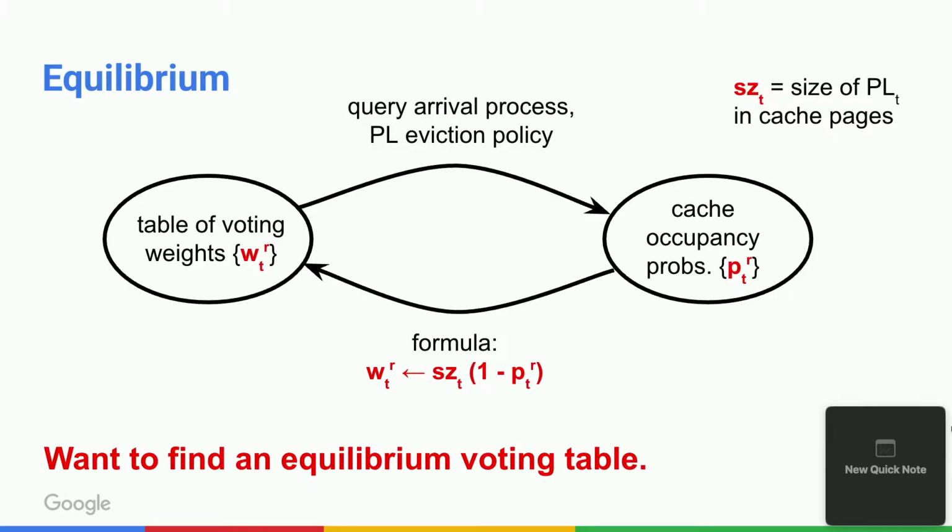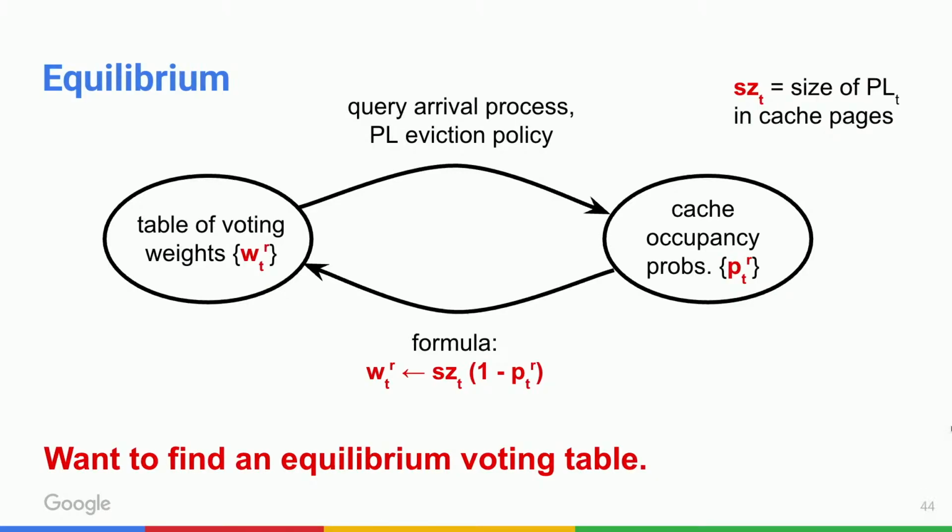And if this is the probability that you're in cache, that's the probability of a cache miss. If you multiply that by the size of the postings list in pages, you get the expected number of cache misses. And that would give you a new voting table, which may or may not equal your initial voting table. If, and this is a big if, you could find a voting table where this set of W's equaled that set of W's, in other words, an equilibrium voting table, then everything makes sense.